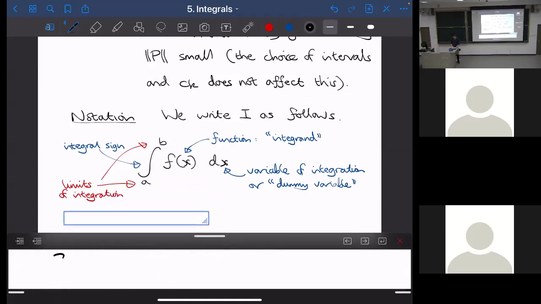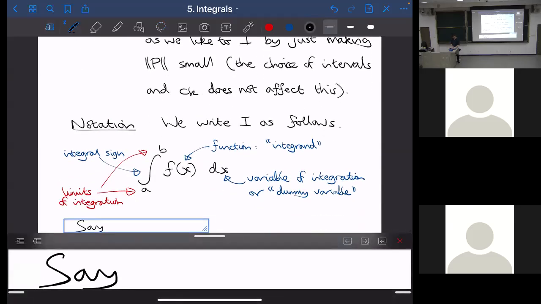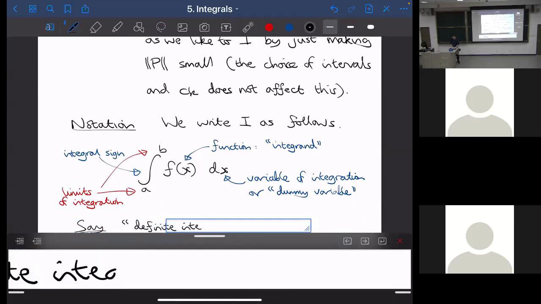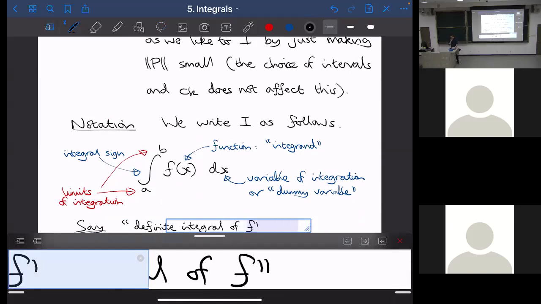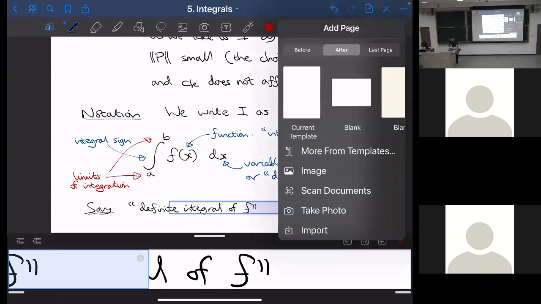And we say this is the definite integral of f. Okay, I'm just going to see if there are any questions.